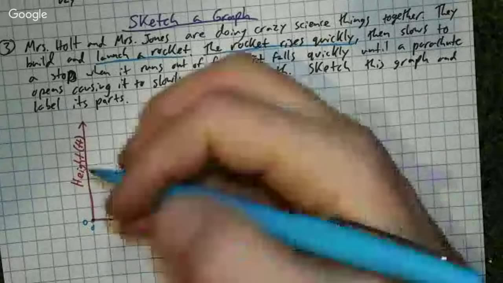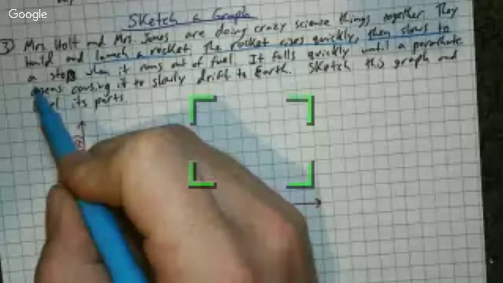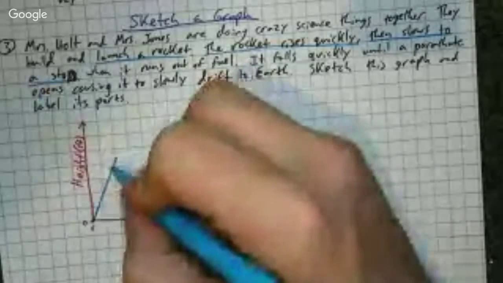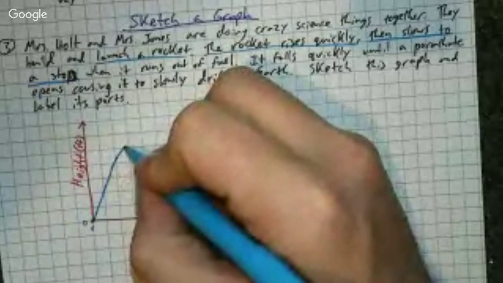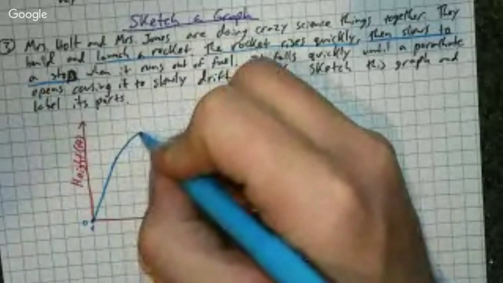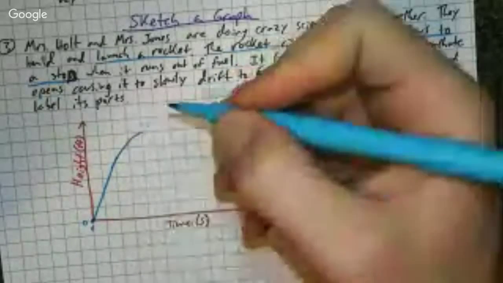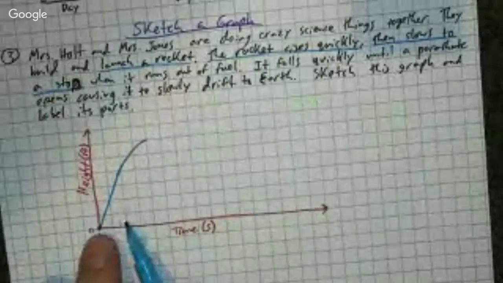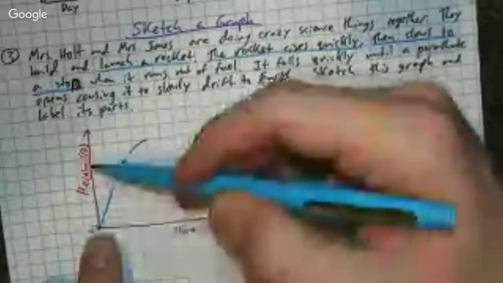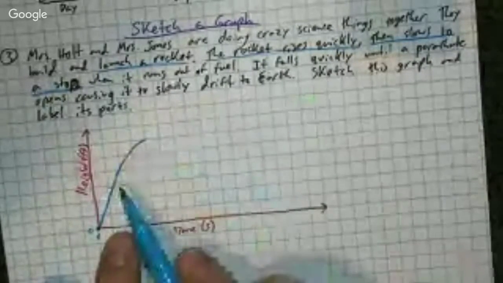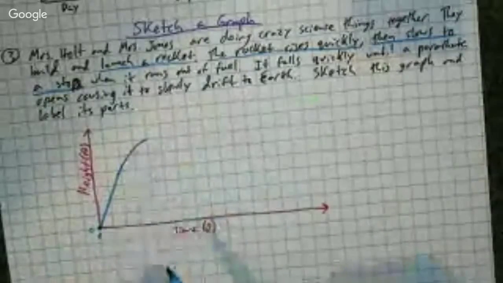Then it says it slows to a stop. So as you can see here, the time is very short right here, but the height is a lot. Then it runs out of fuel and is starting to slow.